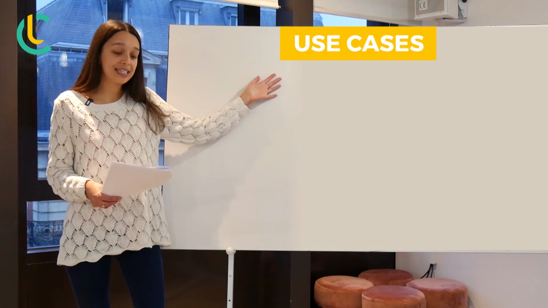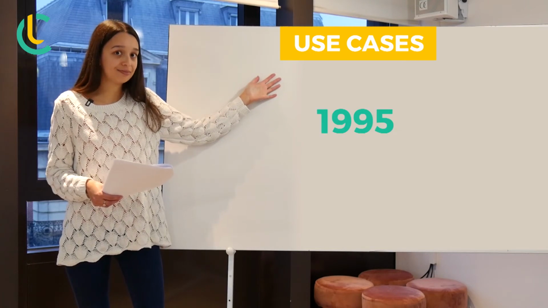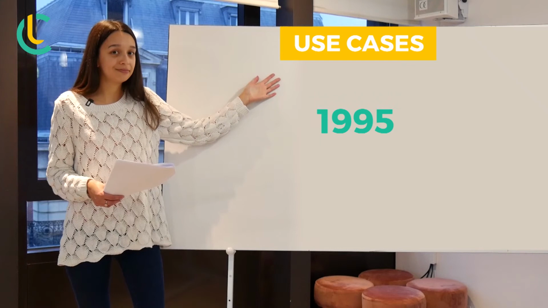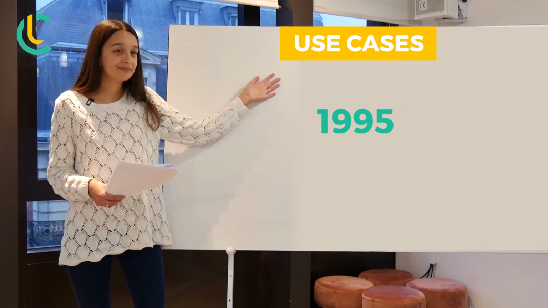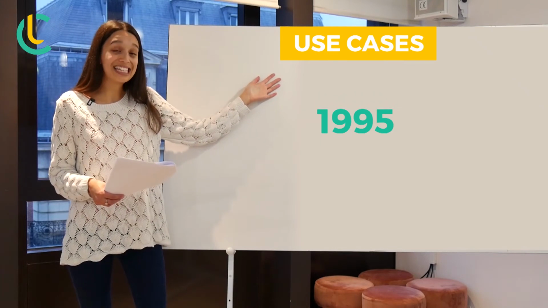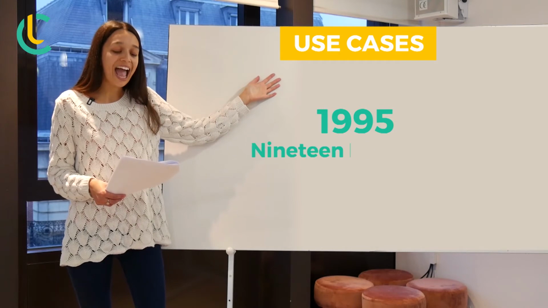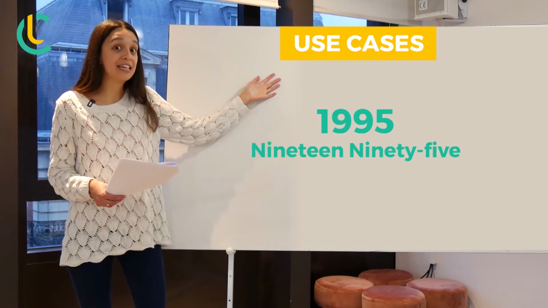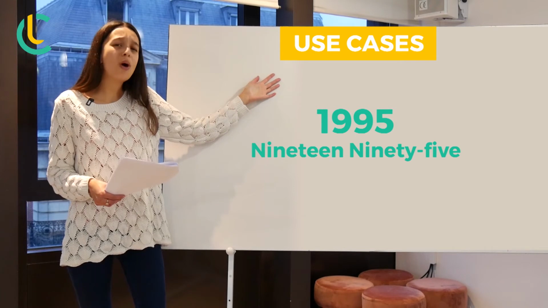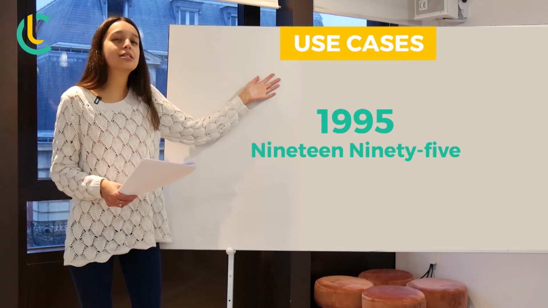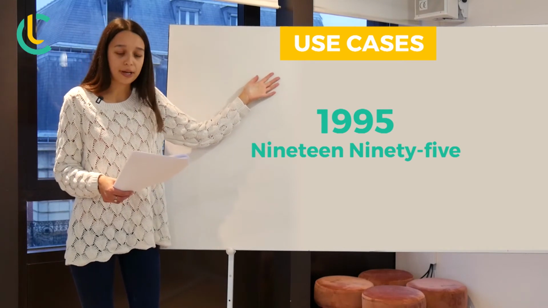Imagine that you want to say this year. How would you say it? So this year, we would say 1995. So why do we say this, and why do we not say the number as you see the number?